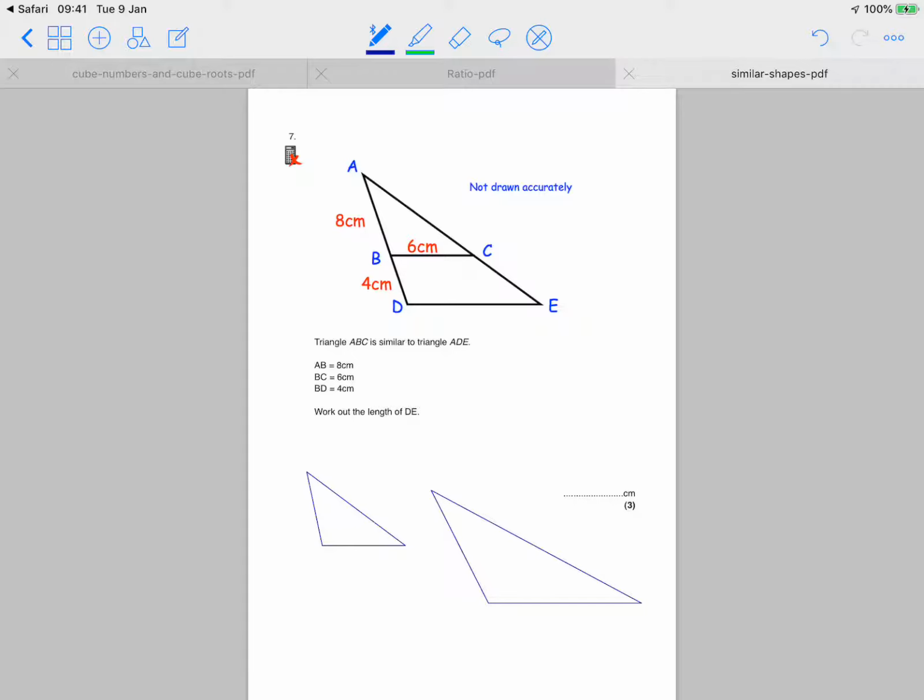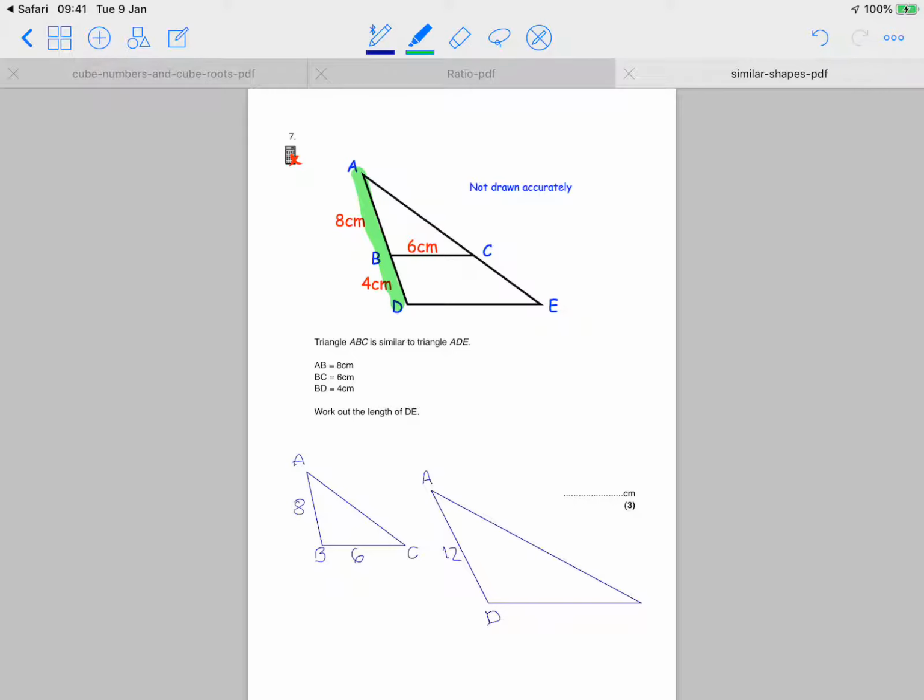So if I just draw them at the bottom here separated, I can see the small triangle has 8 and 6 for the A to B and B to C. But on the big triangle, A to D is the entire length of the 8 and the 4 put together. So if I don't see it on a separate diagram, it can be a bit confusing because that 4 isn't the length, it's just the added length to make A to D, which is 12.